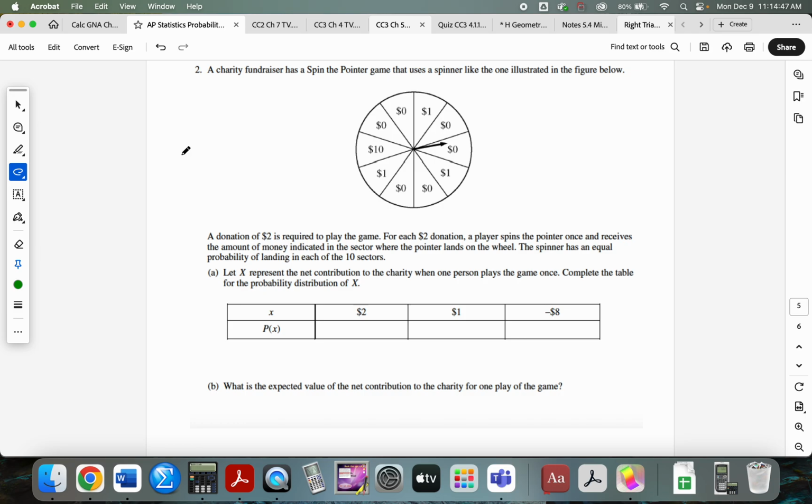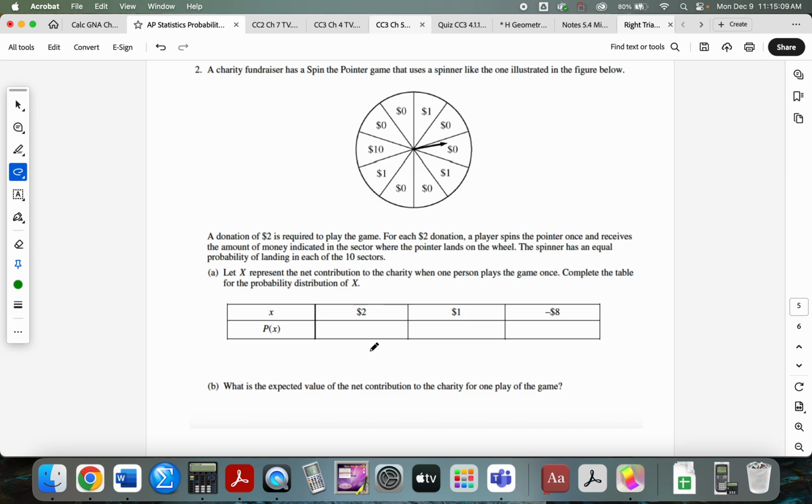The spinner has an equal probability of landing in each of the 10 sectors. Let X represent the net contribution to the charity when one person plays the game once. Complete the table below for the probability distribution of X.